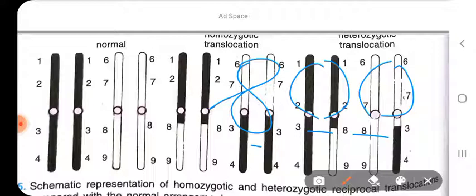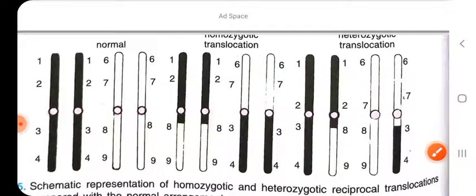When this structure opens during metaphase, it will look like either a ring-like structure or a figure-of-8-like structure, both comprising 4 chromosomes.